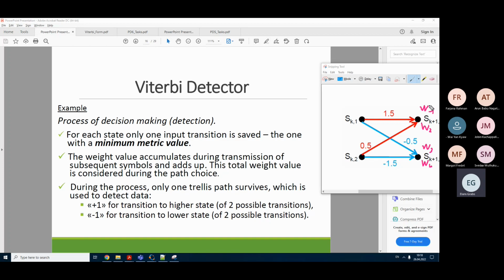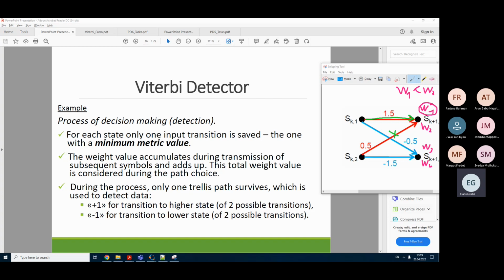For example, let us consider that W1 is smaller than W2. In that case, we are going to choose this metric, and we say that this path survives, and this one is accordingly discarded. We don't have this path.